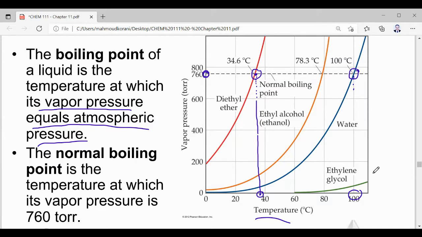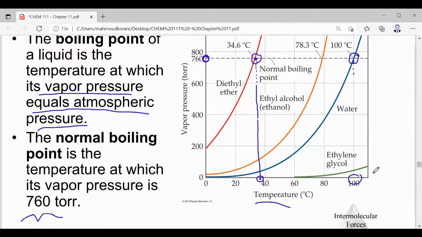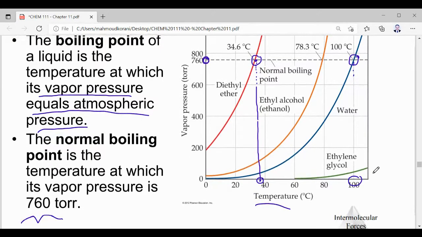So instead of boiling at 100, it boils, for example, at a temperature greater than 100, and so the food cooks very, very fast. So if you increase the pressure above the water surface, its boiling point increases.